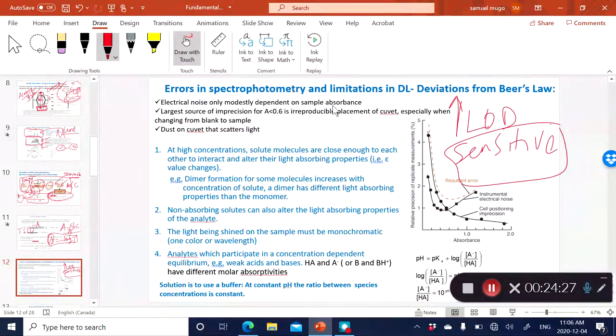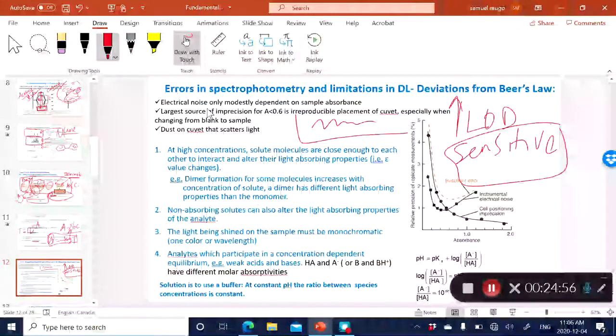That's one big problem, especially because you're using a detector, which is a transducer. And because you're using light, light can pass through to the detector without necessarily going through the sample. So you always tend to get a bit of noise, even when you're not analyzing anything, and that's what you refer to as electrical noise. That's often from stray light hitting the detector.